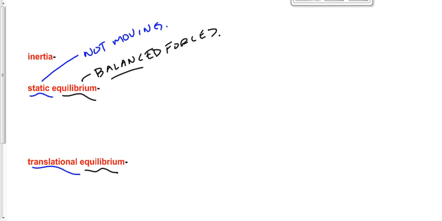It's in static equilibrium because there's an upward force of the floor pushing up on the desk of 700-ish newtons that balances that. There's forces acting, but they're balanced. It's at rest. It's not moving. There's balanced forces. It's in static equilibrium. And that desk, as long as those forces are balanced, is going to stay doing what it's doing. It's going to stay at rest.